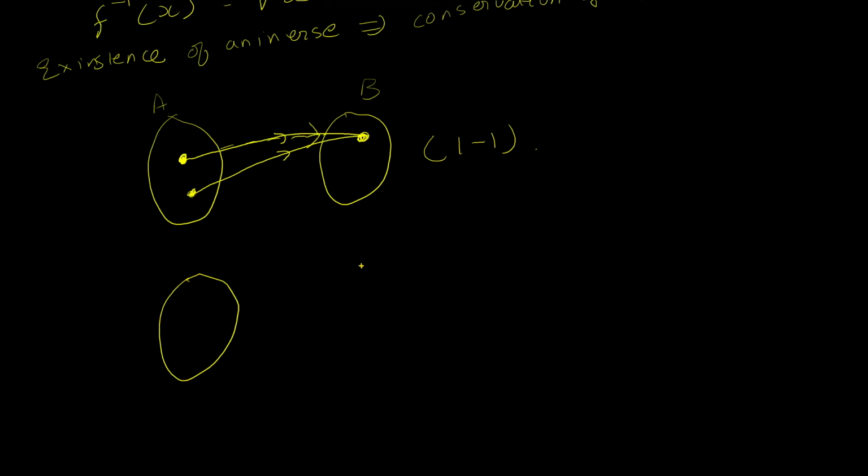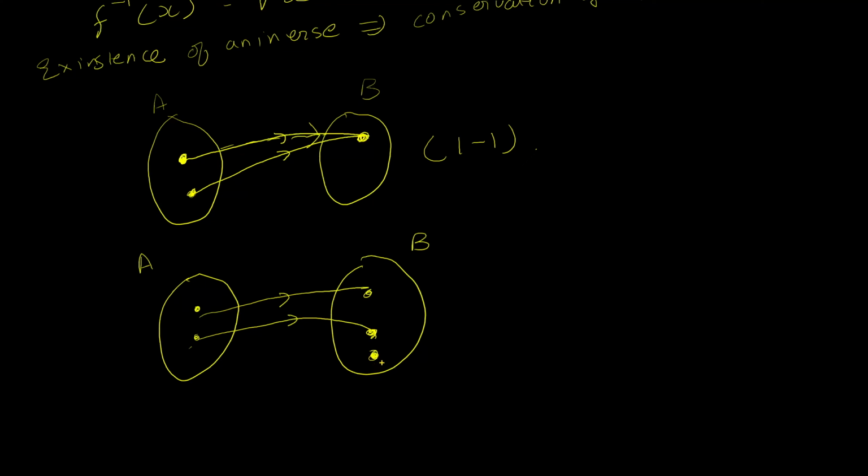Another criterion that we need to establish here, let's call this A and this B again. I also want to prevent situations like this. There are two elements in A, let's say, mapped to two elements in B, and there is some element in B that is not mapped from any element in A. So even though this is originally a function, if I try to invert it, I cannot correspond this element to any output in A. And if I think of this as a physical process, some set of inputs produced all of these outputs originally, but I don't really know which input produced this output, right?